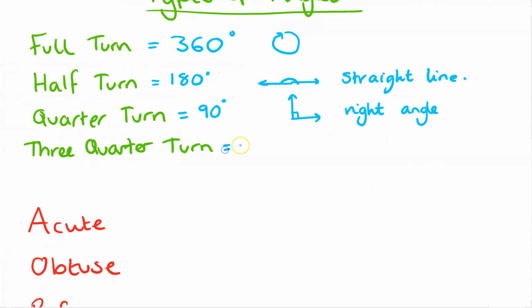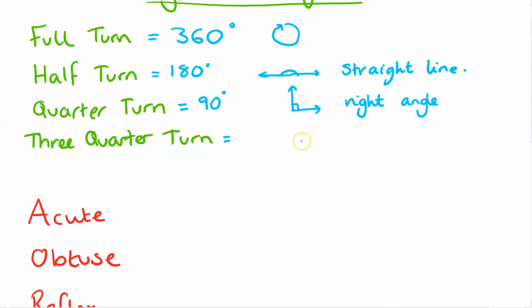Now a 3/4 turn would be facing that way and then turning round and facing that way, but going the long way round, as you can see, around the outside. How much do you reckon that is? Where's 270? So there you have your basics.